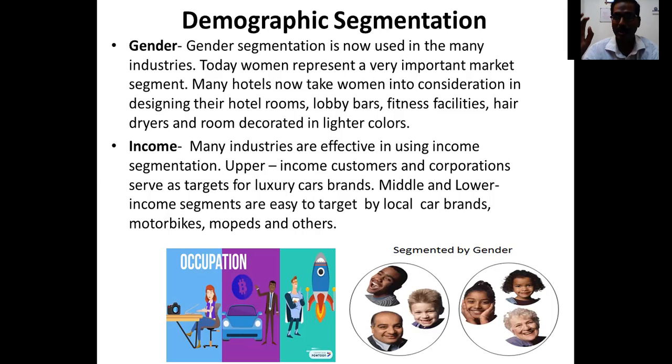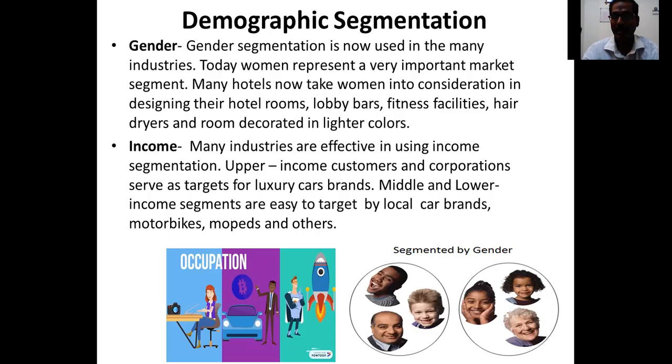So in order to capitalize on this market, they started having light color decoration, which is preferred by ladies. They also have rooms which are suitable for single women travelers.